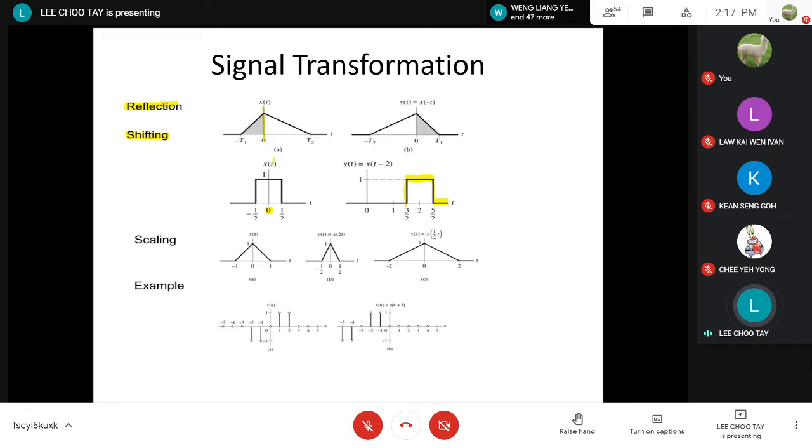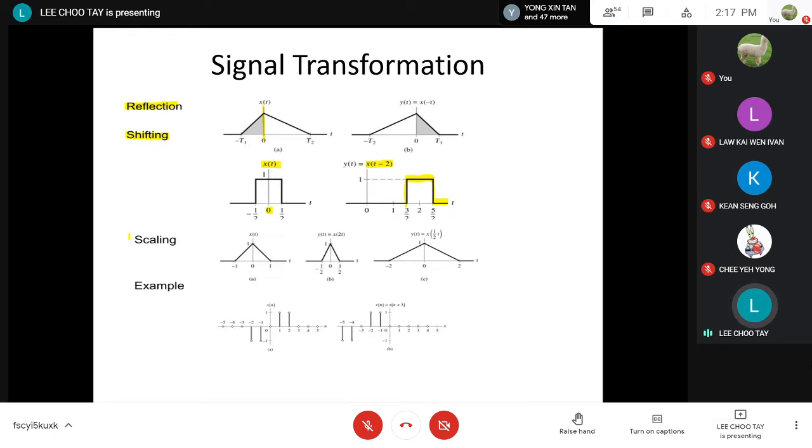If this is x(t), then the shifted version of x(t) in this example is x(t minus 2). That means we shift the entire rectangular pulse to the right hand side of the time axis. So this is shifting.